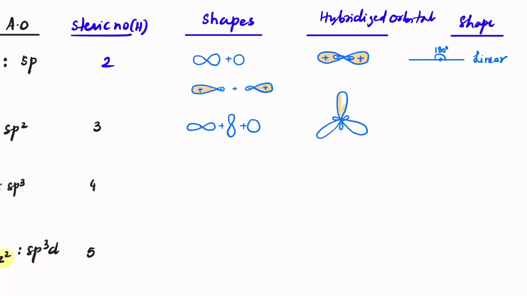The shaded ones are the ones which ensure the bonding nature. How does the shape look? You can see the angle between them is approximately 120 degrees. So it appears trigonal planar. It is a trigonal planar form.